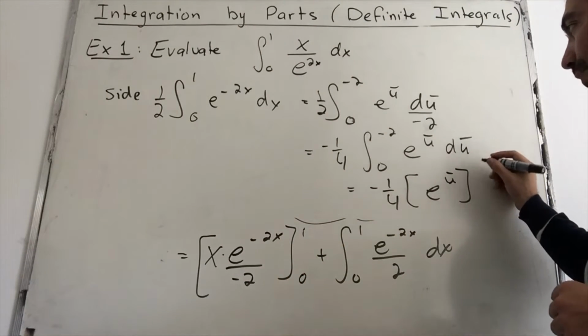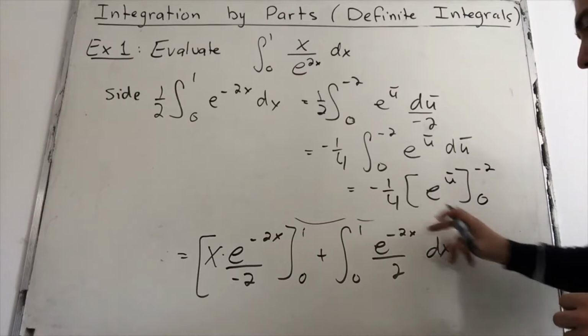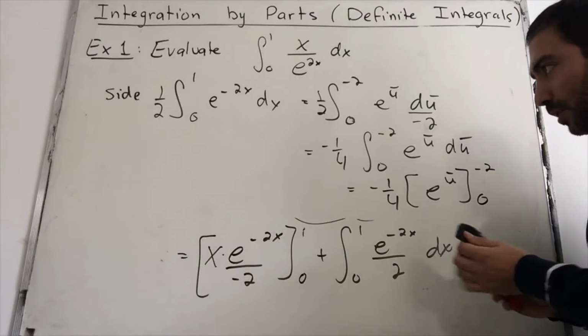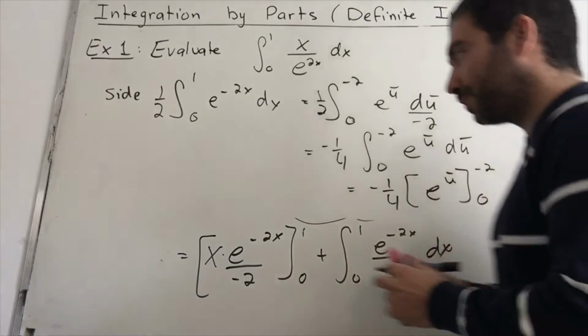Okay, so we have the upper bound, which is -2, and the lower bound, which is 0. So that's this piece here. This piece here is this over here. So let's erase and make some room.